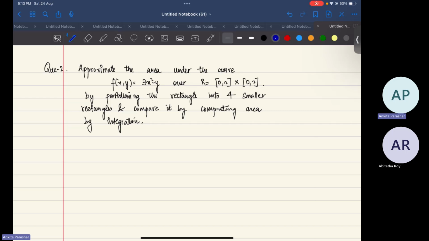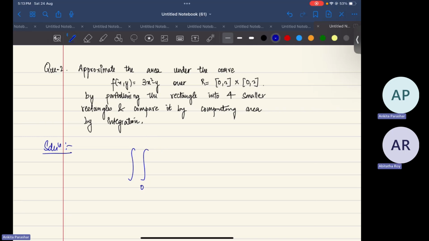As we agreed, area is nothing but the double integration, and volume is nothing but the triple integration. Since your area is under the curve, 0 to 2, x square minus y.